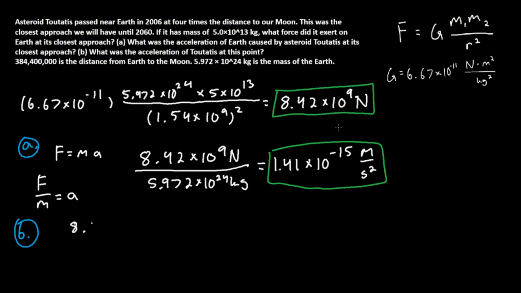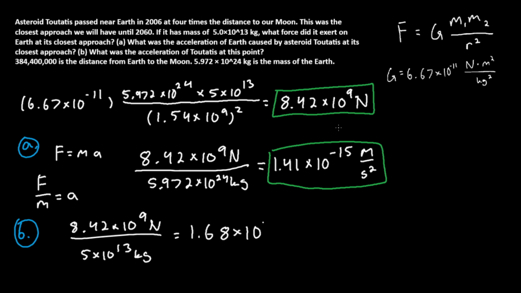The force of gravity is still calculated by the universal law of gravitation, which is 8.42 times 10 to the power of 9 newtons. Now we need to divide this by the mass of the asteroid to get the acceleration. Force divided by mass equals acceleration. So we divide by the mass of the asteroid, 5 times 10 to the power of 13 kilos, and you should get an acceleration of 1.68 times 10 to the power of negative 4 meters per second squared.